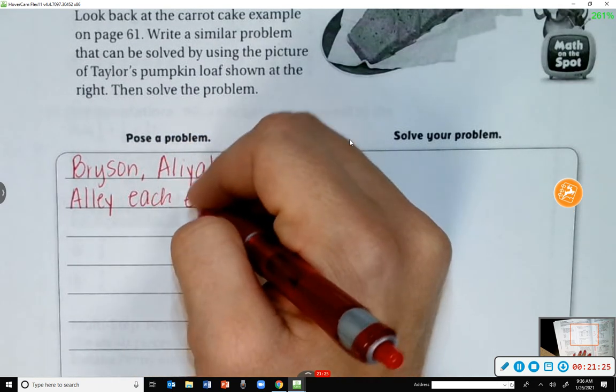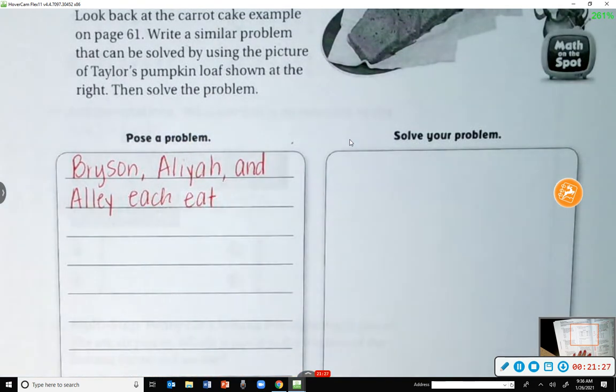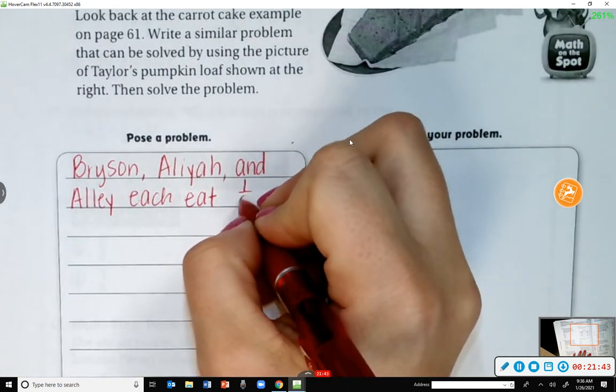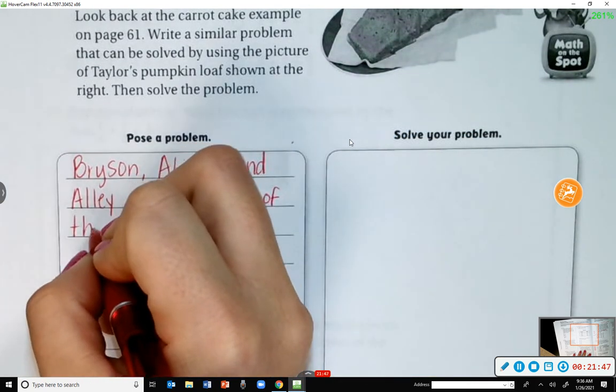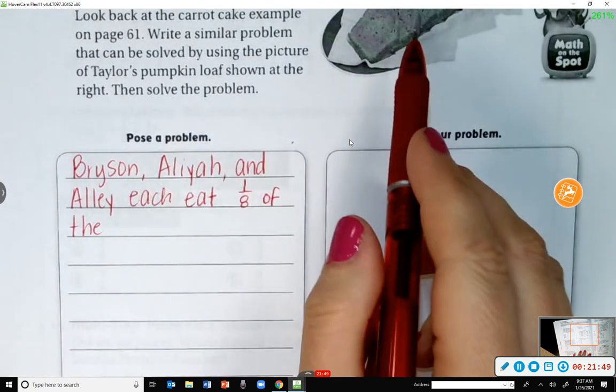How much? 1. Oh, we don't want to just say 1. We need to say it as a fraction. 1 what? What would your denominator be? 8. Yes, 1/8. Good. Bryson, Aaliyah, and Allie each eat 1/8 of the carrot cake. Or of the bread.